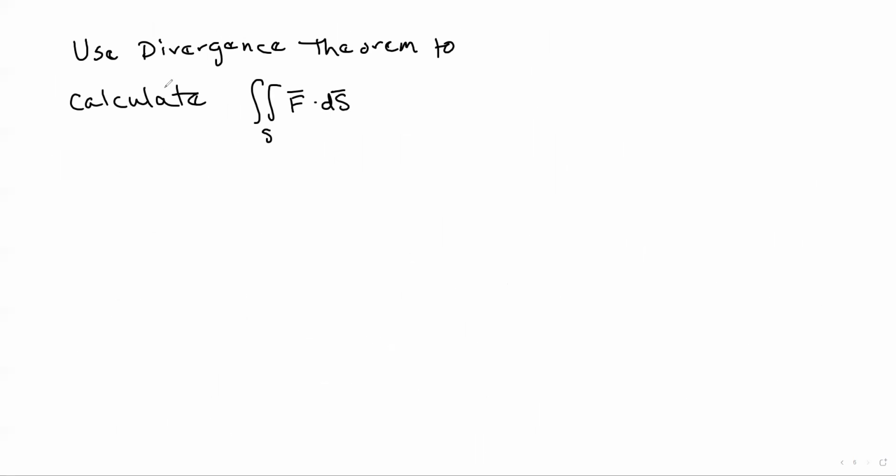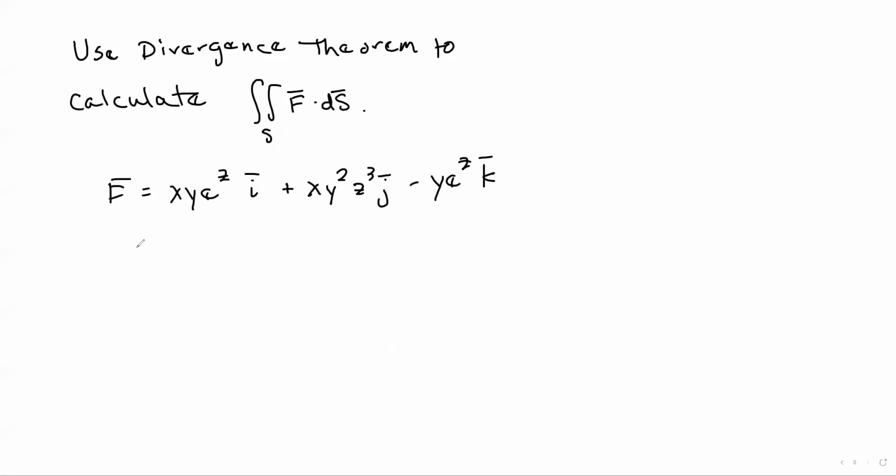All right, so the instructions are to use the divergence theorem to calculate this. They give us that f equals xy e to the z i plus xy squared z cubed j minus y e to the z k.